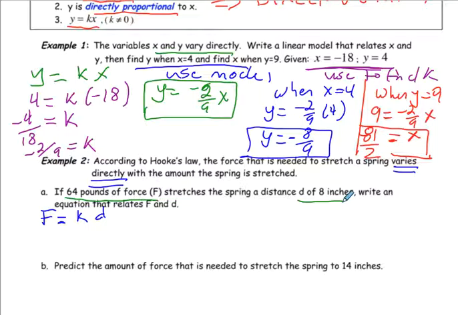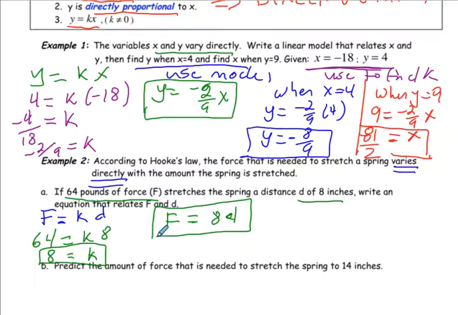So we're going to use this information to find k. I'll substitute in. 64 is equal to k times 8, which means that k is equal to 8, dividing both sides by 8. And then we can write our model. Our model is F is equal to 8 times d. That's the model. And then we're going to predict the amount of force that is needed to stretch the spring to 14 inches.